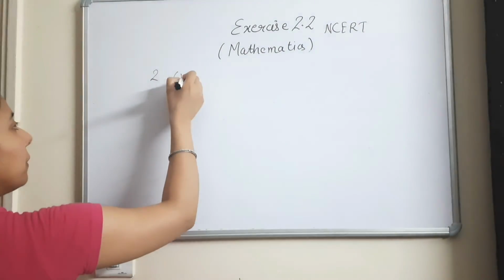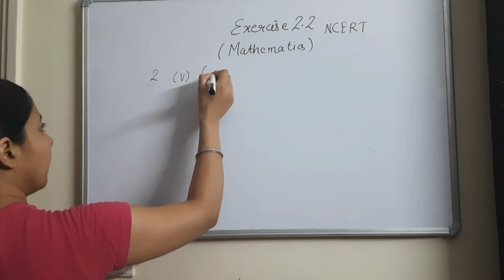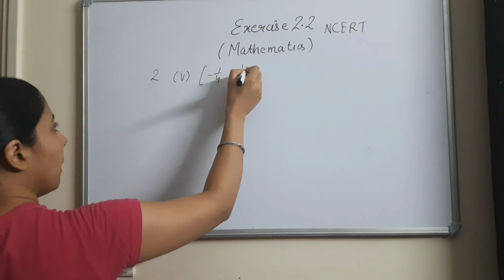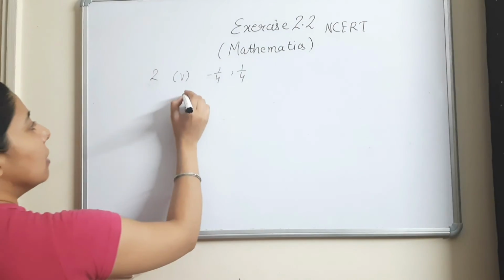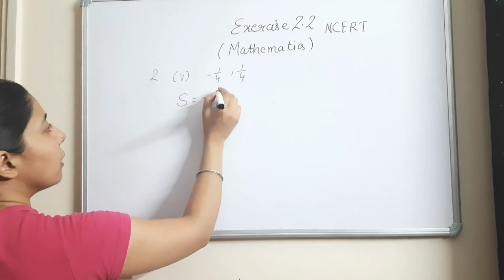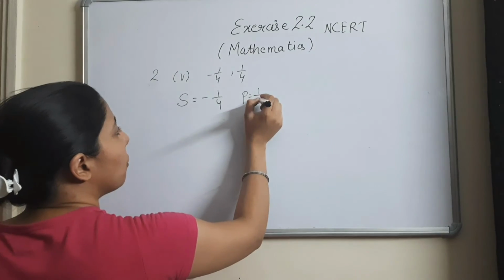Now I write down the fifth part, which is minus 1 by 4 and 1 by 4. Fine. So write down sum is equal to minus 1 by 4 and product is equal to 1 by 4.